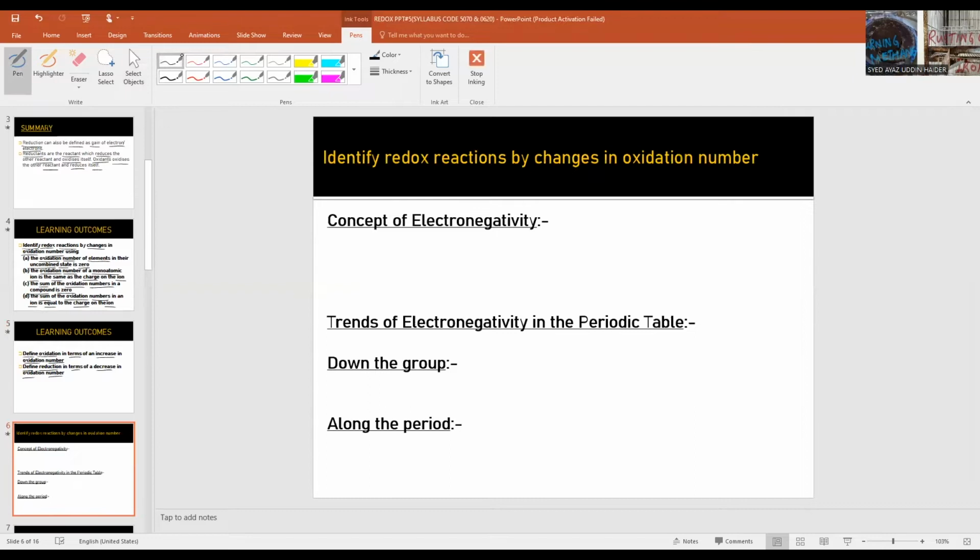Before proceeding and talking about oxidation number or oxidation state, first you should know the concept behind electronegativity. What is electronegativity?